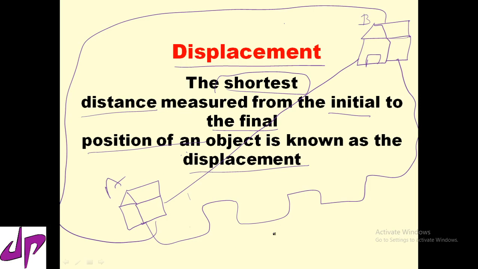To make the distance shortest, we have to follow only a particular direction. So here the direction is very important. You have to move in this particular direction, then only will you reach your friend's house.